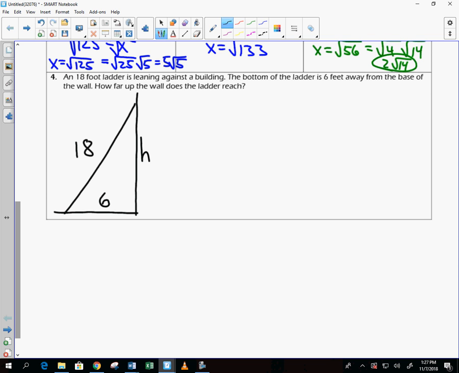Can somebody tell me the equation I set up? 36, so 6 squared, plus h squared equals 18 squared, which is 324. There's my equation.